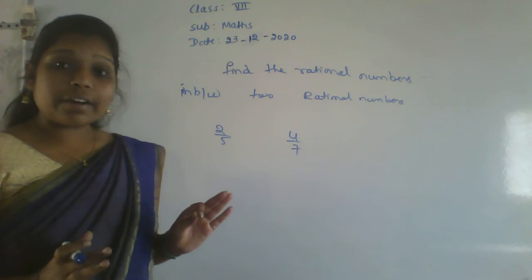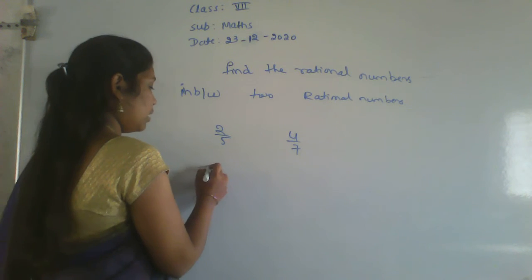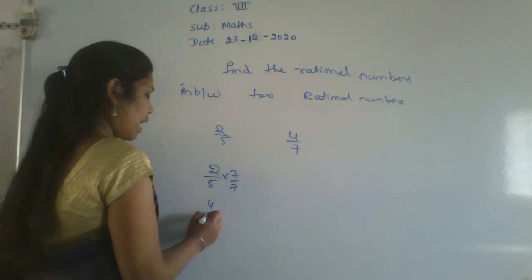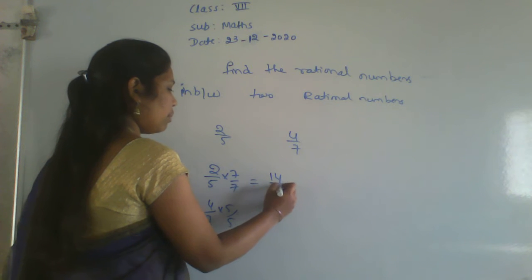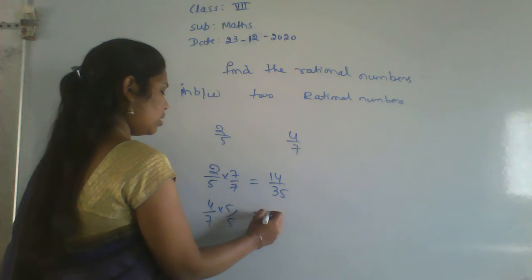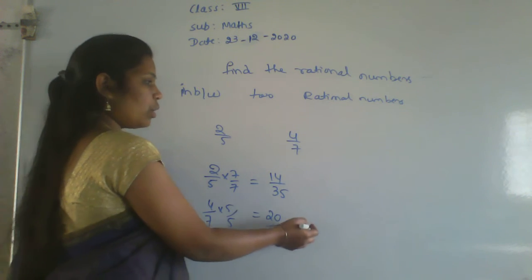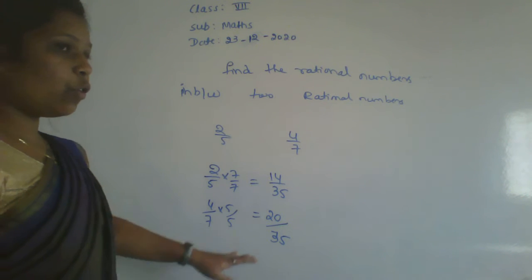For that, first make the denominator equal. That is 2 by 5 multiplied by 7 by 7, and 4 by 7 multiplied by 5 by 5. That gives 14 by 35 and 20 by 35. Right? So write the rational numbers in between 2 by 5 and 4 by 7.